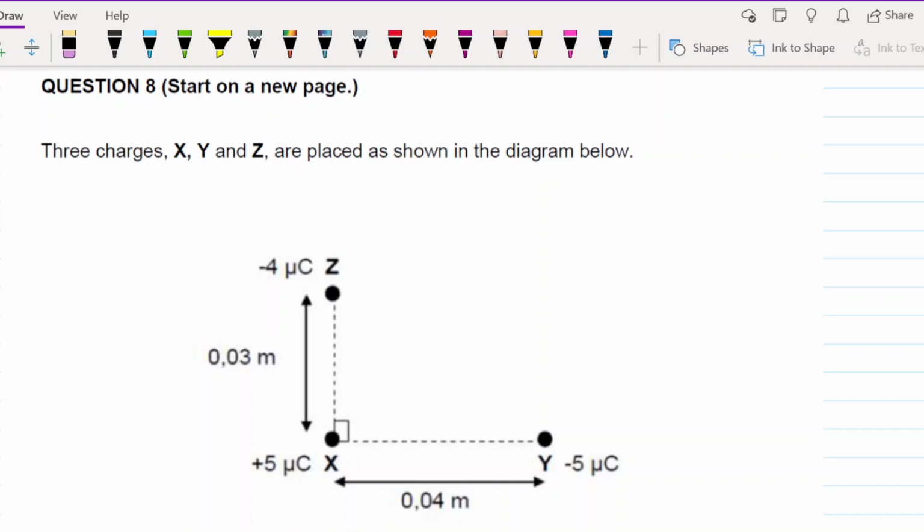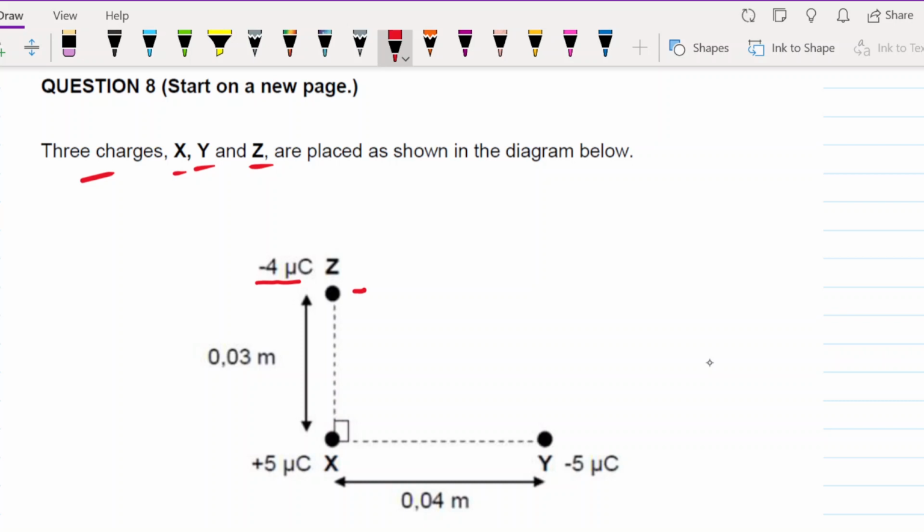All right, so now this is the last question, question 8. They said we have 3 charges X, Y, and Z placed as shown in the diagram below. This is charge Z, which is negative 4 nano, so this charge is negative.